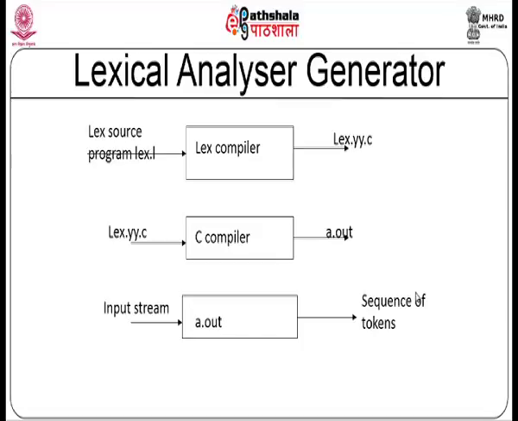The Lex compiler takes this input .l file and generates a lex.yy.c file, a C file. Once I have a C file, I can run it through a C compiler and generate my output, a.out. When an input string comes into the picture, I can execute it using the C file and generate my token sequence.